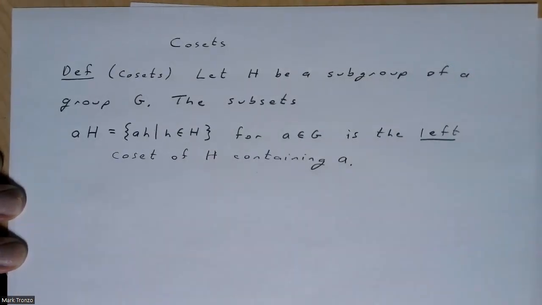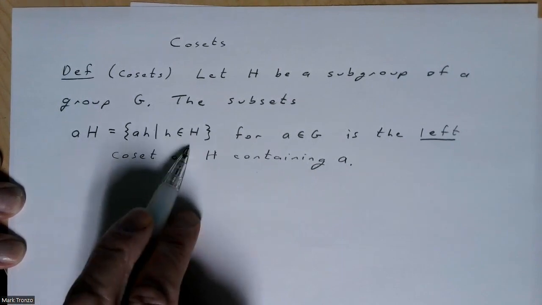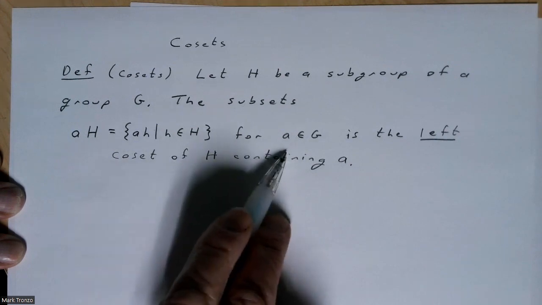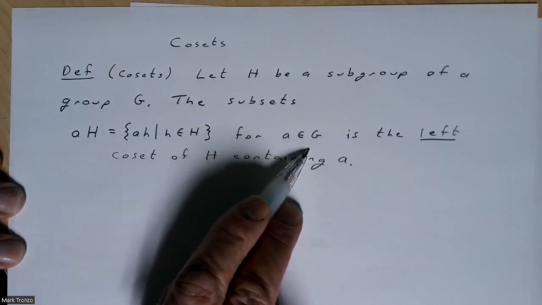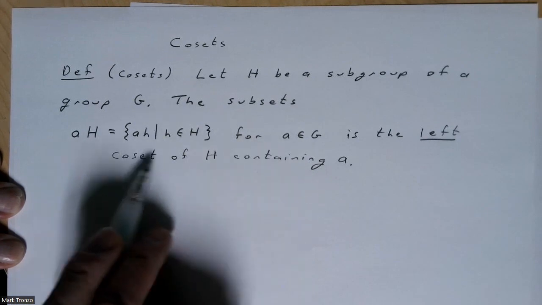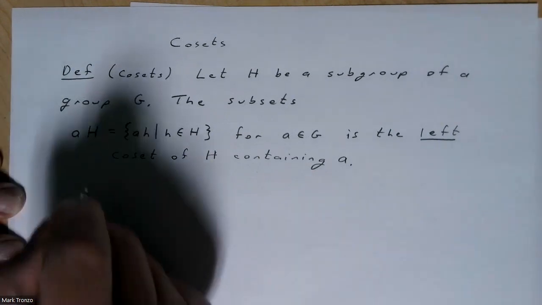That's a definition. So if you multiply all the members of your subgroup H on the left by a member of G, that's the left coset of H containing a.